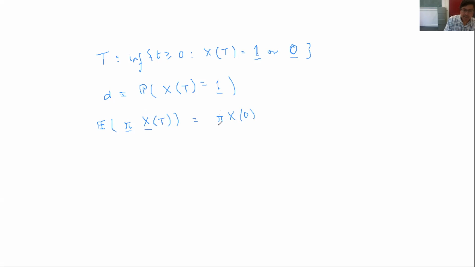Okay, let me make explicit all the vectors here. But what is the expectation of pi times X_T?